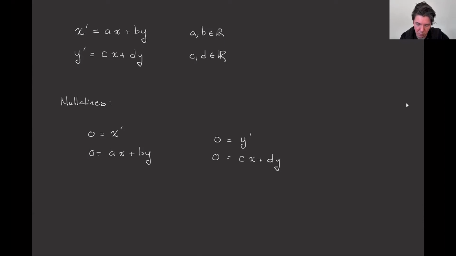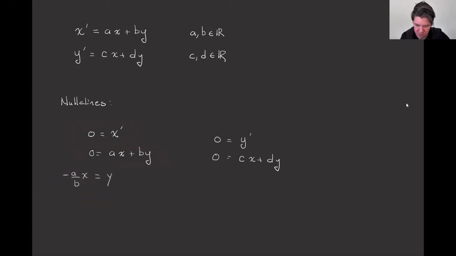What we're doing when we set x prime equal to 0 is setting ax plus by equal to 0, and then a little bit of algebraic rearranging gives us that negative a over b times x is equal to y. How did I come up with that? Just basic algebra, nothing crazy.